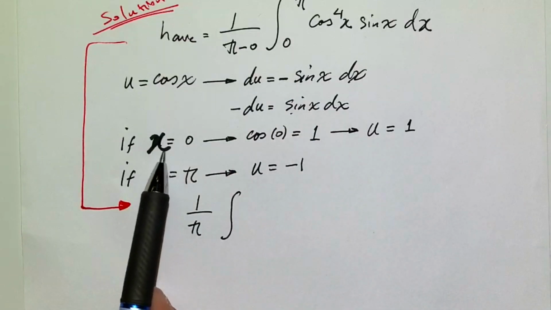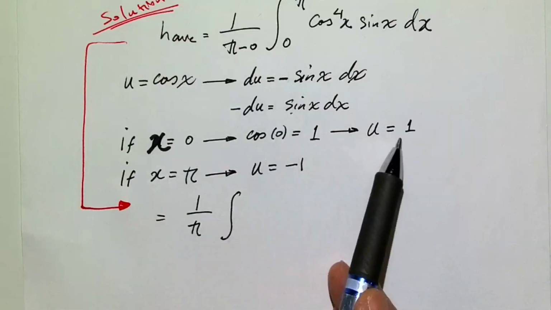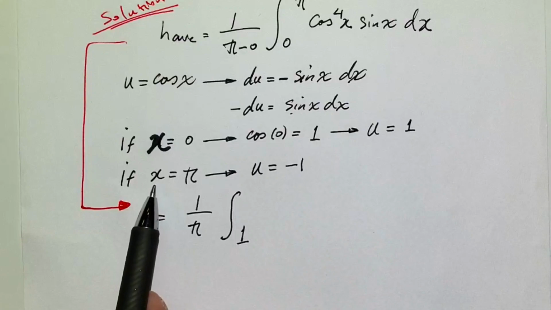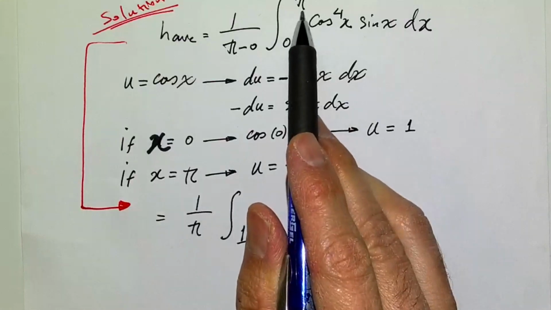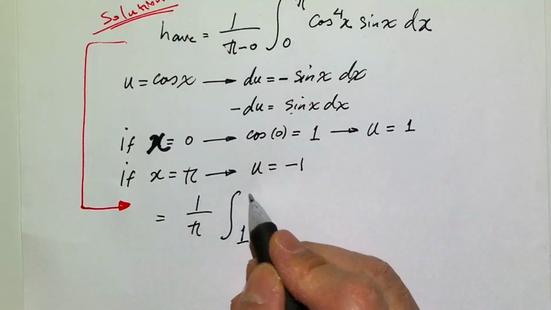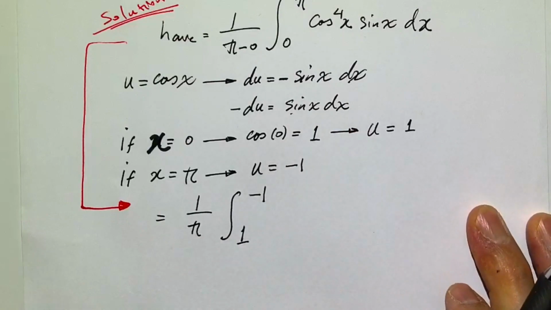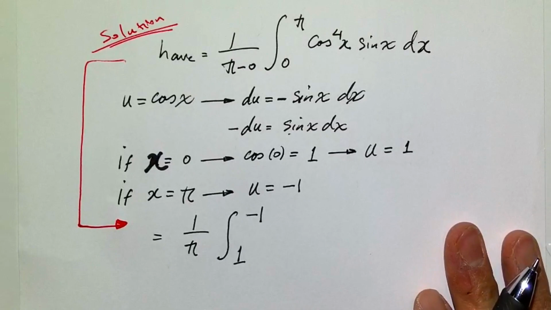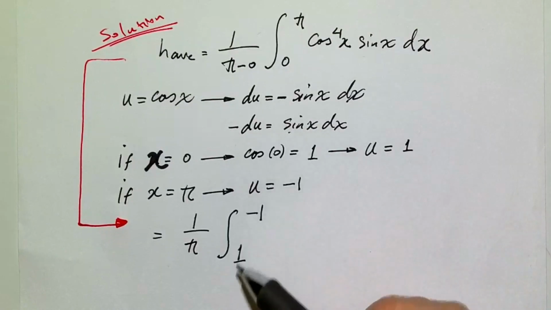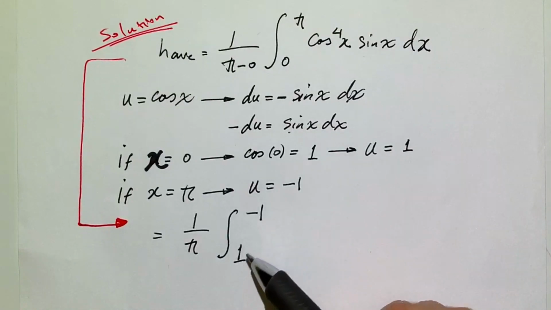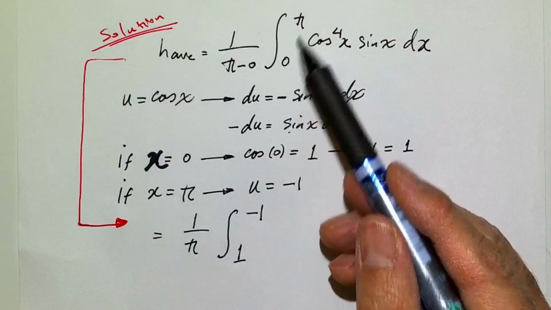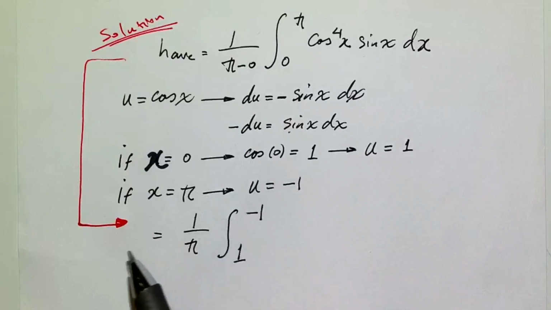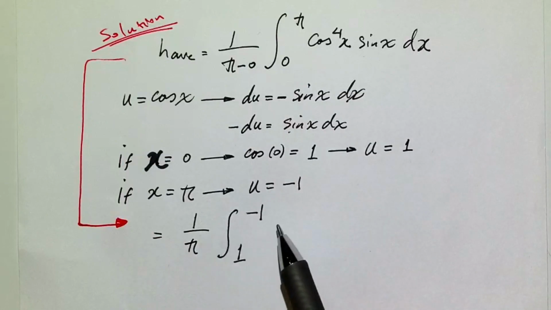When we substituted for x with 0, we got what? 1. When we substituted for x with pi, or the upper limit, we got negative 1. So I've substituted for what we found by replacing x with 0 and pi with what we got for u.